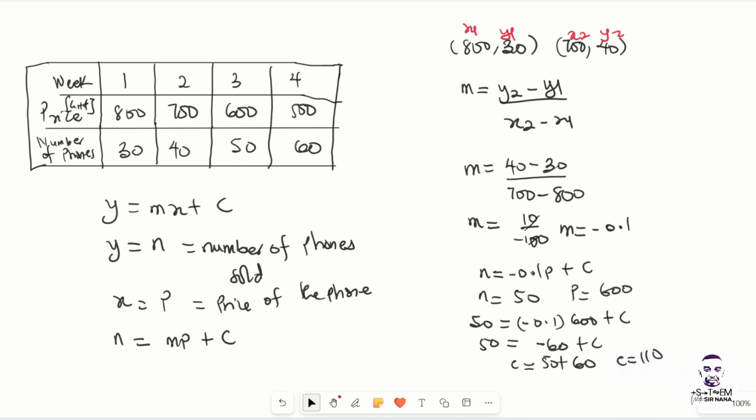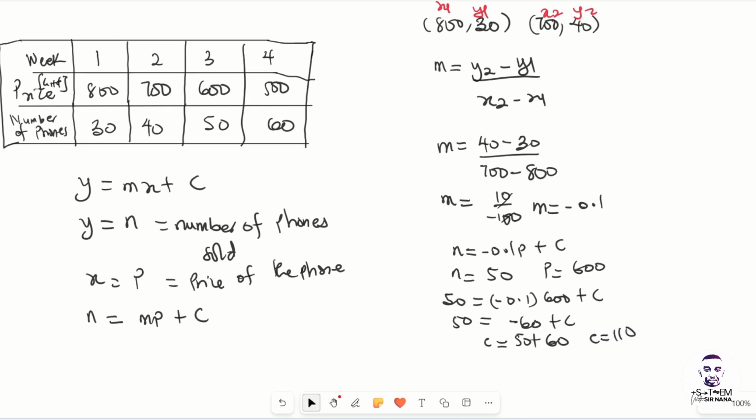We can therefore now write our modeled equation, or the linear function that we have been asked to construct. n is equal to negative 0.1 p plus c, which is 110.